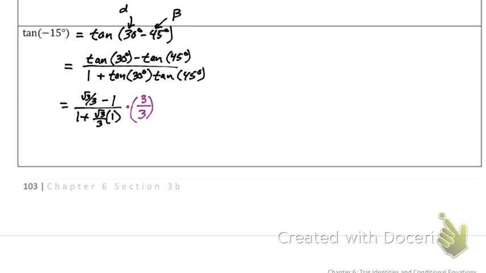When I distribute this to everything in the numerator, my fraction clears out, because square root of 3 times 3 over 3 just leaves us with square root of 3. 3 times 1 is 3, so minus 3, all over, and we do the same thing in the denominator. 3 times 1 is 3, plus 3 times square root of 3 over 3 is just square root of 3.